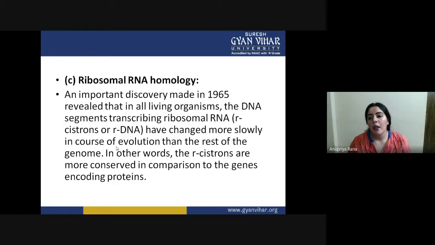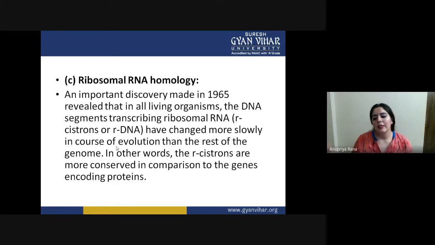So basically, everything is changing over a time period, whatever it is, like we have just seen about the rRNA sequences, or the concept that was given by Pauling. But the 16S rRNA is basically like a signature. It does not change much; it is very specific, and the rate of change inside it is very low.